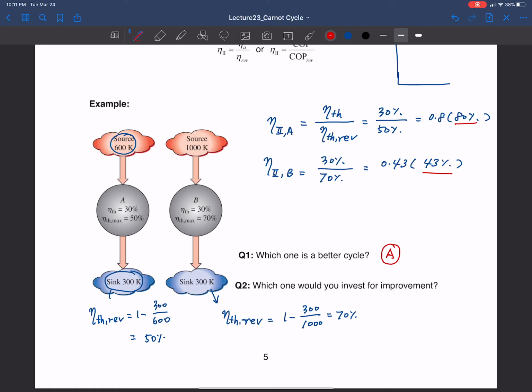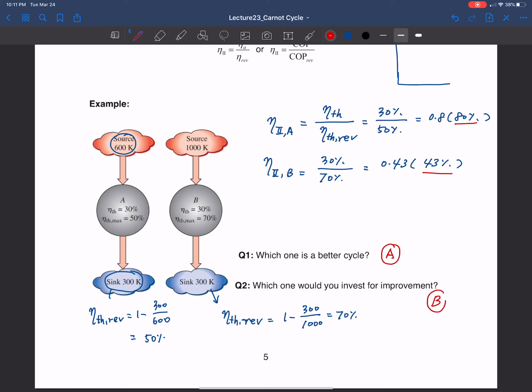But now let's rephrase this question. So now you have a certain amount of money, and you want to invest it to improve the performance of these two engines. Between engine A and engine B, which one do you want to invest your money in for the improvement? A or B?